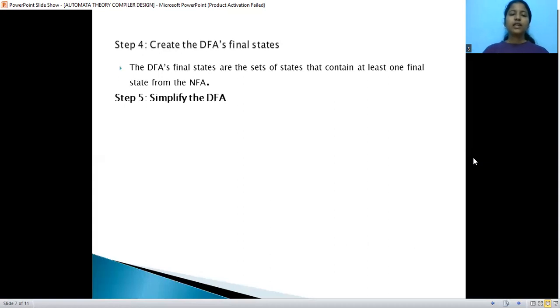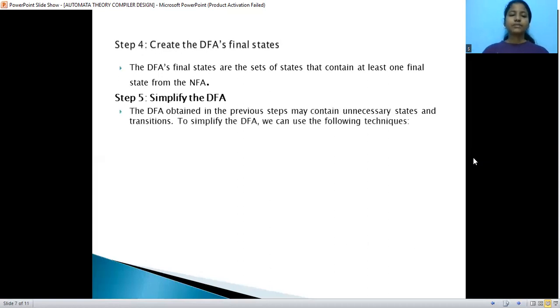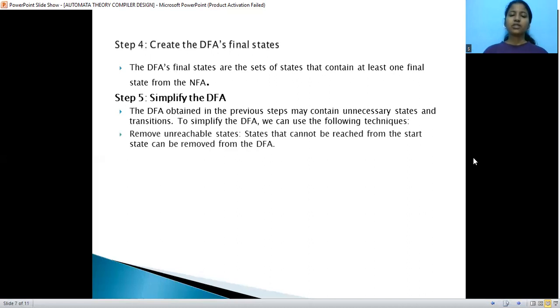Step 5, simplify the DFA. The DFA obtained in the previous steps may contain unnecessary states and transitions. To simplify the DFA, we can use the following techniques.